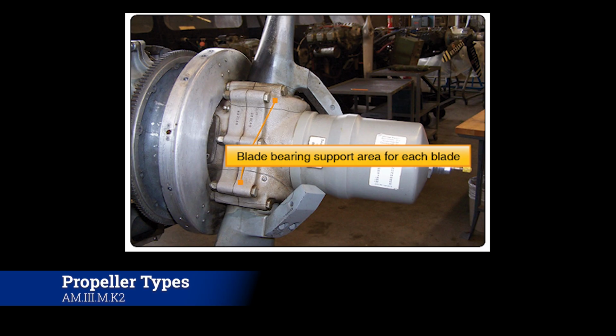So to provide an efficient propeller, the speed has to be kept as constant as possible, and so they came up with a device that will allow the propeller to change pitch based on a certain setting inside the cockpit, and then adjust as the plane goes up or down. This device is called the propeller governor, which we're going to talk about in just a minute.